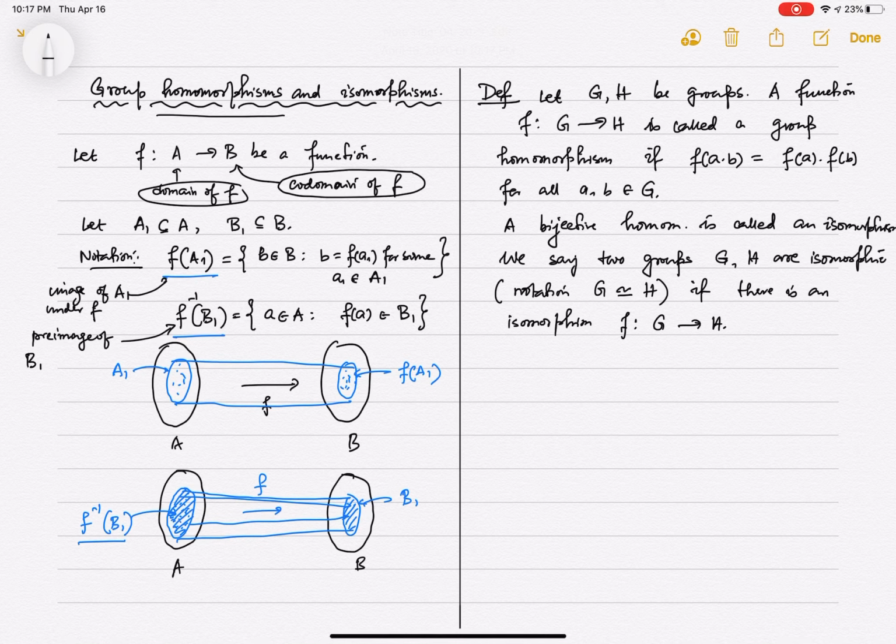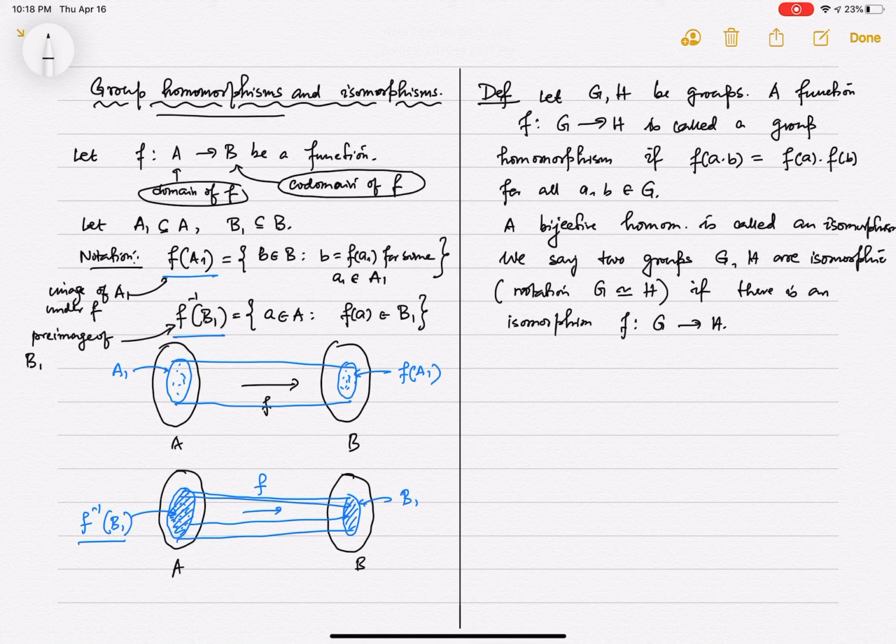If you're not comfortable with one-to-one, onto functions, bijective functions, please review at this point. This means different things go to different things, and everything on the right-hand side is hit by some element. We'll give examples in a little bit.